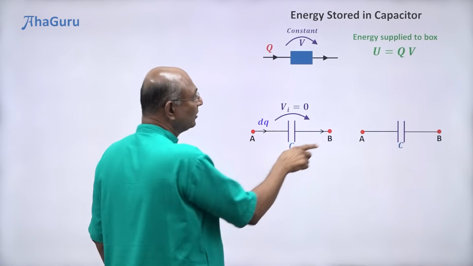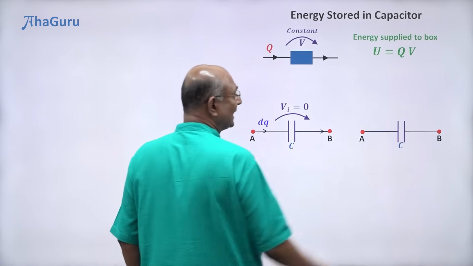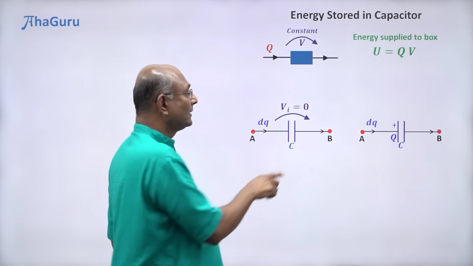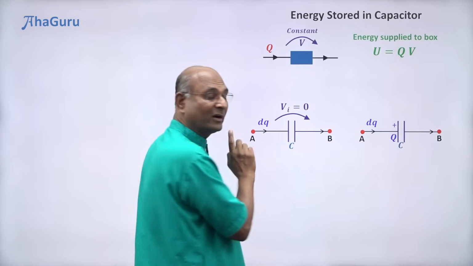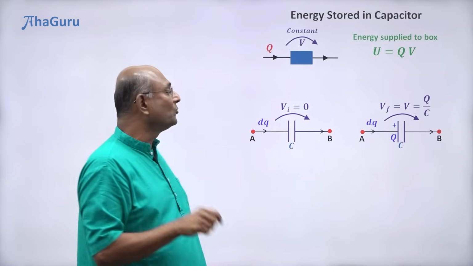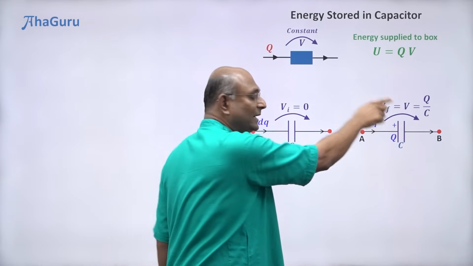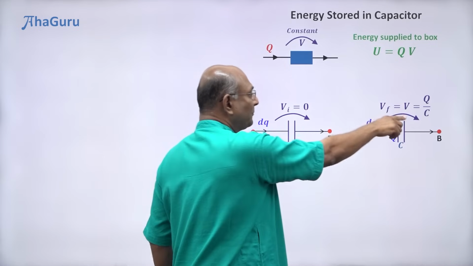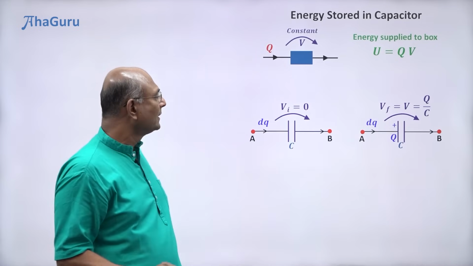Okay? So finally, this has a charge of Q. So when the last dq is coming in, the potential drop is no longer 0. The potential drop is V, which is equal to Q by C. So this is the final potential drop. The initial potential drop is 0. The final potential drop is V.